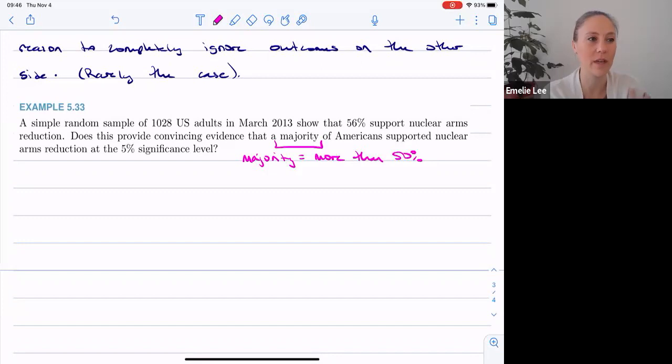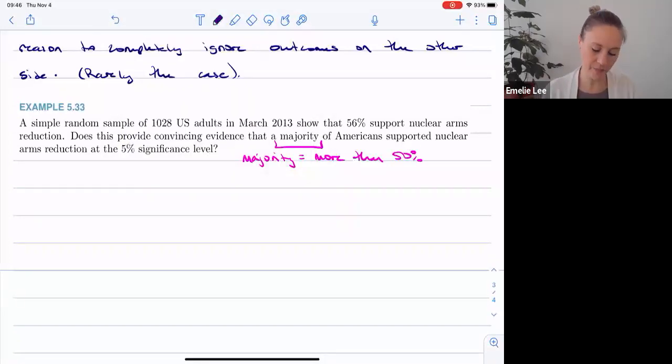In terms of when they go through it in the textbook, but I'm going to say it's more than 50%. So we're going to do it as a one-sided test. Okay. But then I'll talk about, you know, if we wanted to test the two-sided, then we would just multiply the p-value by 2.